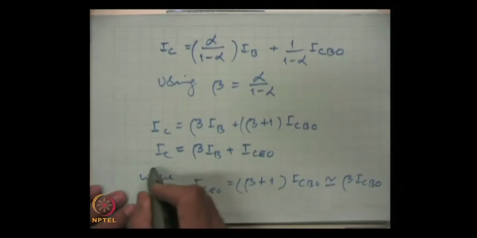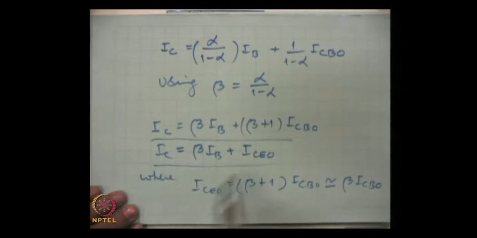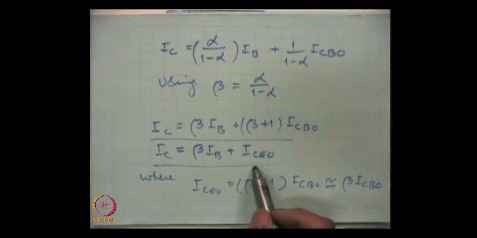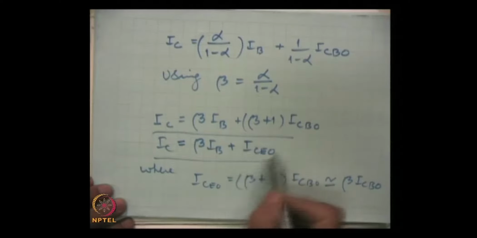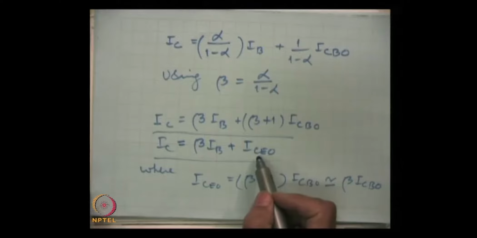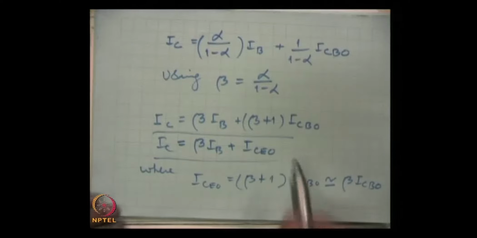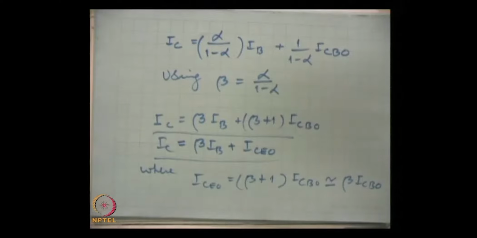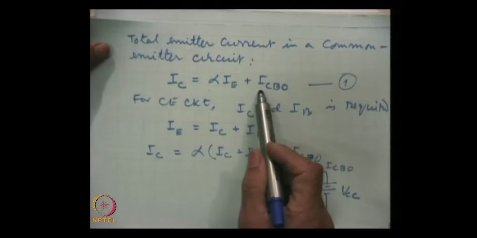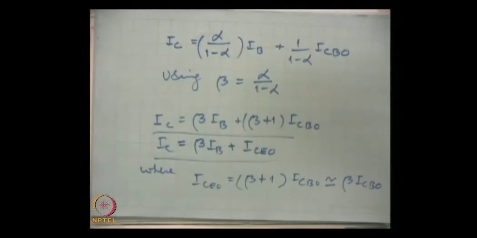This is something significant that we have talked earlier, that the useful current is only this part. This part is a parasite, does not play important role, but now in the common emitter circuit this becomes much higher. In the common base circuit it was simply ICBO, but in common emitter circuit which is under discussion at the moment, this is amplified by beta times.